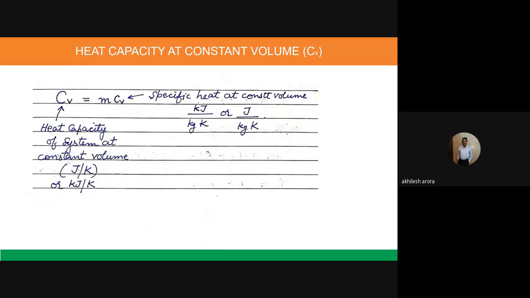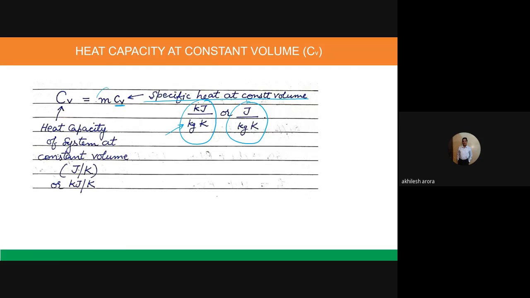Now, what is CV? CV is the specific heat at constant volume. And what is its unit? It is kilojoules per kg Kelvin or joules per kg Kelvin. So the kg is coming in the denominator.